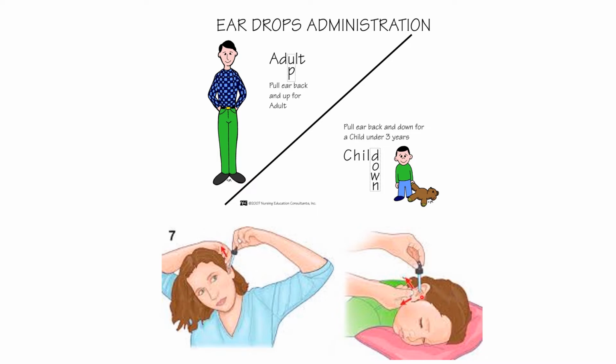Notice that the affected ear needs to be up in a patient whose head is horizontal, and must keep this position some minutes after administration, leaving time for the medication to be distributed. In children 4 or older, then it's different. You pull up and back. Always is back, but in children down, in older up.